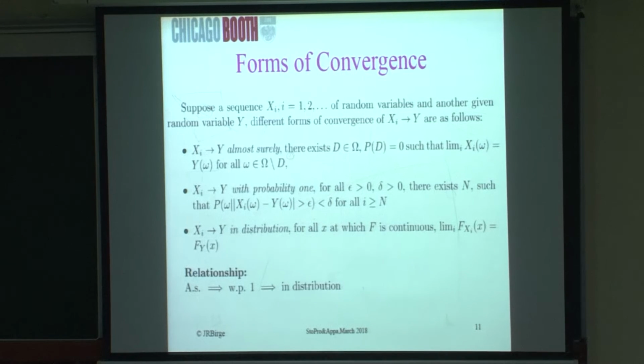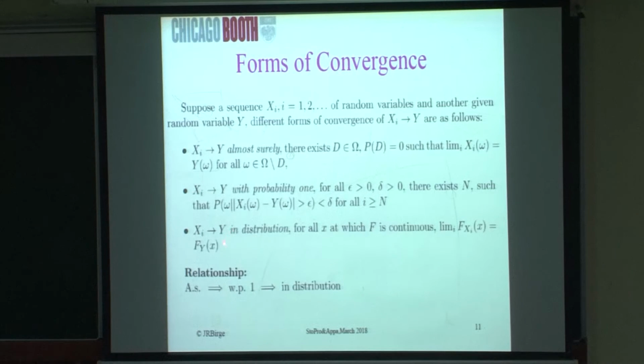Now it doesn't exactly say that this is only a probability 0 event where they don't match each other. It's saying that the probability that they don't match is going to 0, but it's not saying that it's always going to be 0 at the very end.